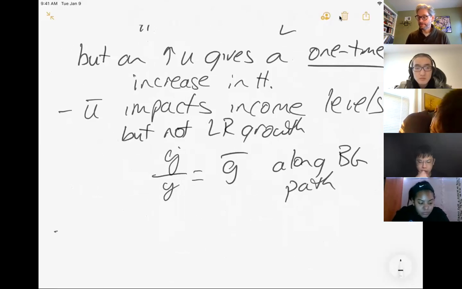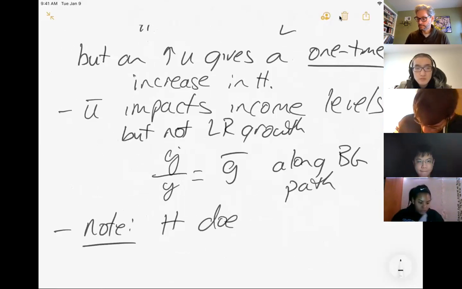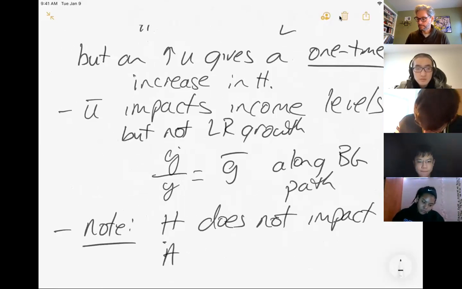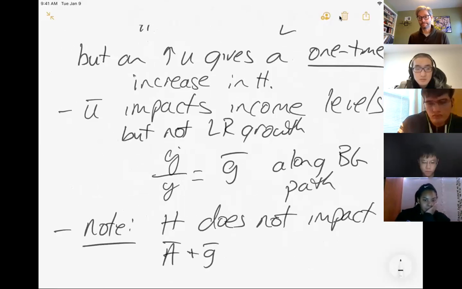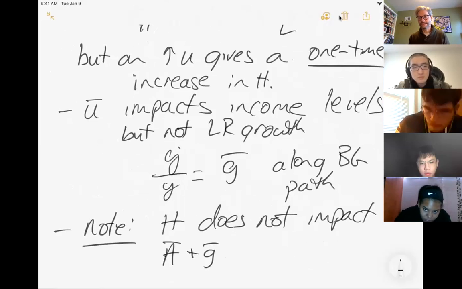Let me add one other thing here to note. In our model, human capital does not impact A, and it does not impact G. So in other words, having more human capital doesn't make you more innovative. It doesn't increase technology directly. And you might say, shouldn't it? And the answer is, yeah, probably, right?